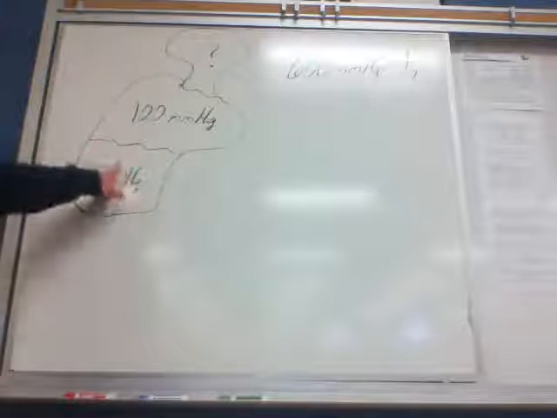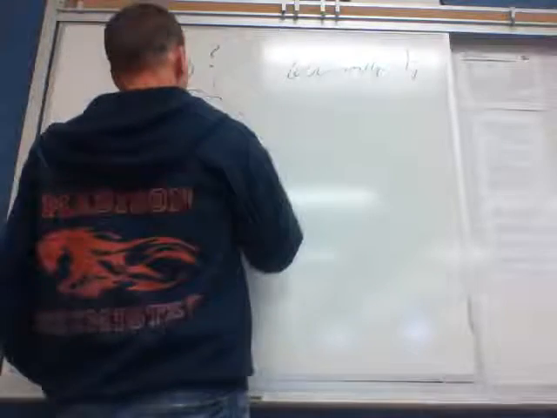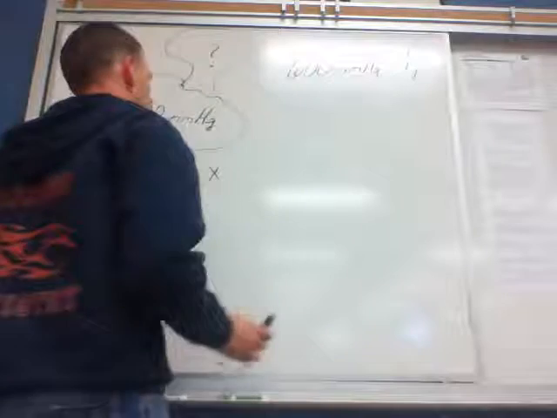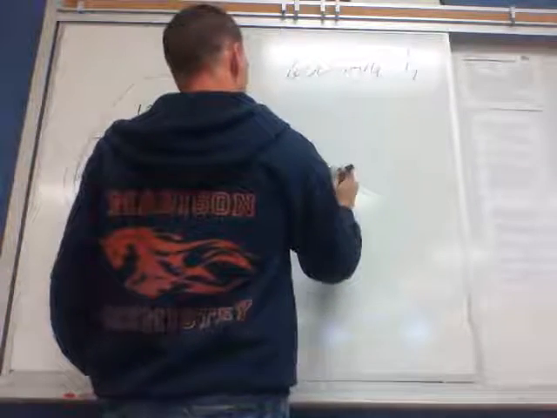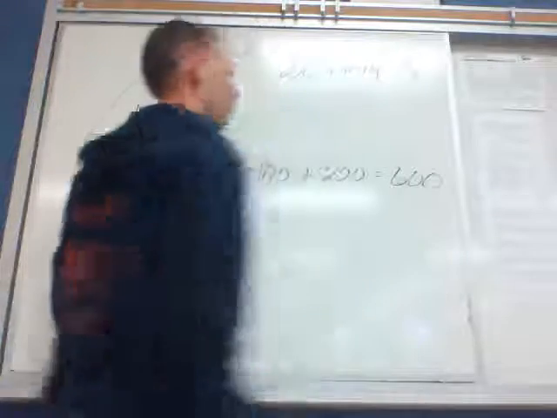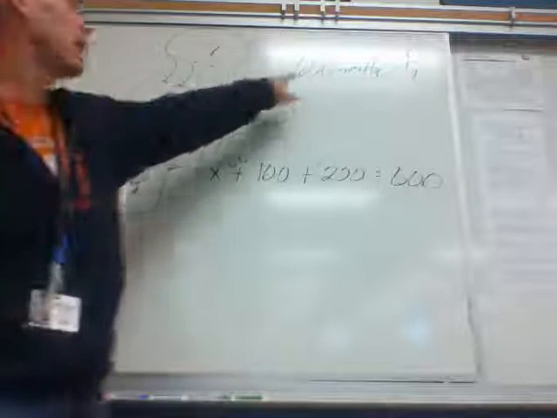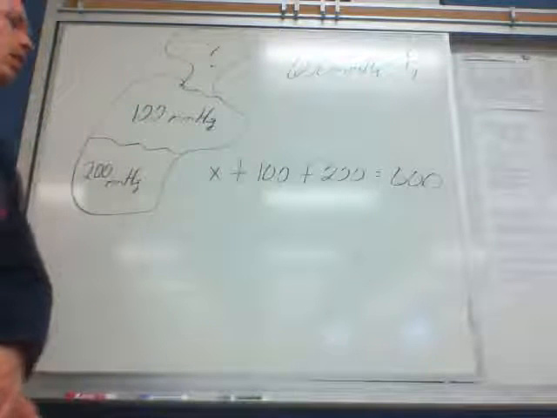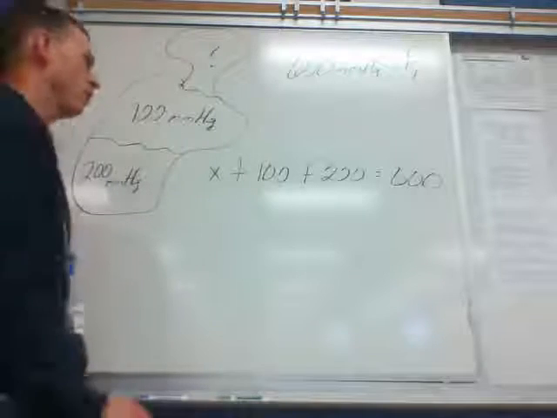So we know that these guys added together equal that total. So if you want to use x and be cool, x plus 100 plus 200 equals 600. All right, we know that that plus that should equal the total. And then you could use algebra to solve, though a lot of you don't have to.